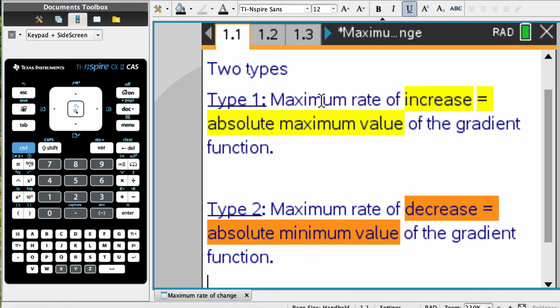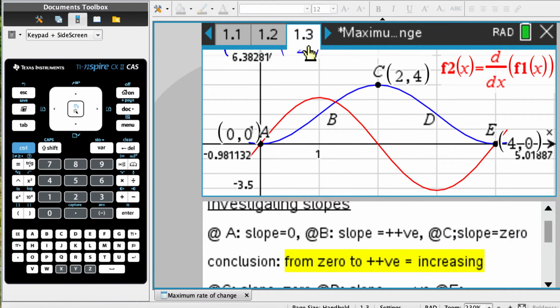In order for you to determine the maximum rate of increase, it simply equals the absolute maximum value of your gradient function. So your gradient function is in red here, and at time equals 1 unit, this is my absolute maximum value. All right, so that's what it means by maximum rate of increase.